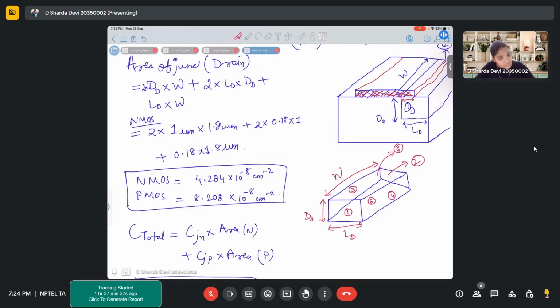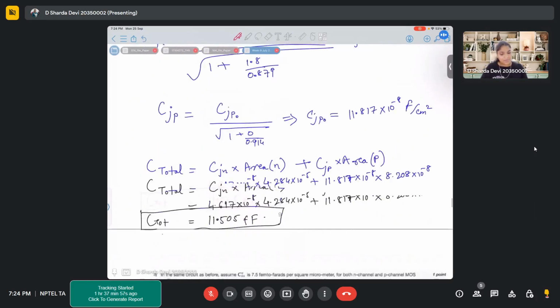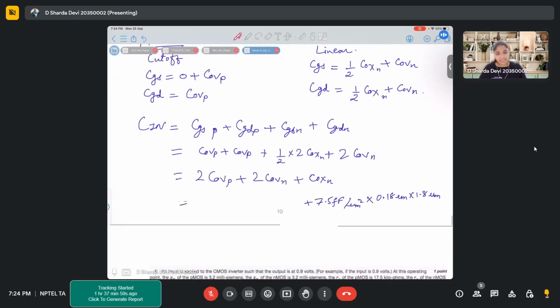To know that overlap capacitance exact value, not per unit area capacitance, rather exact capacitance, you need to know this particular overlap length, and when you multiply it with the width, you will get the overlap capacitance. So here we can find the values in per unit area only.